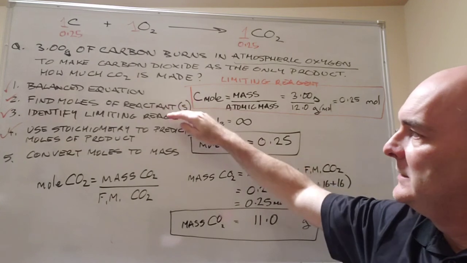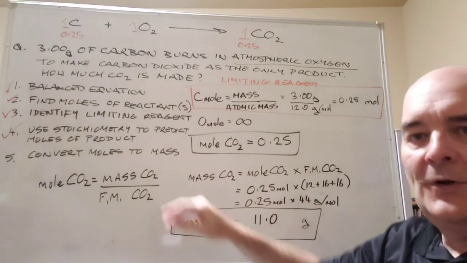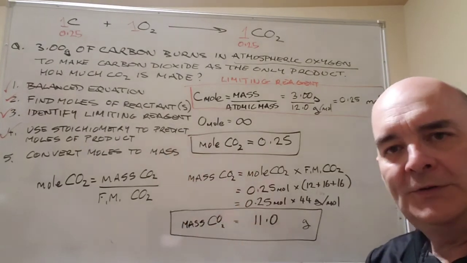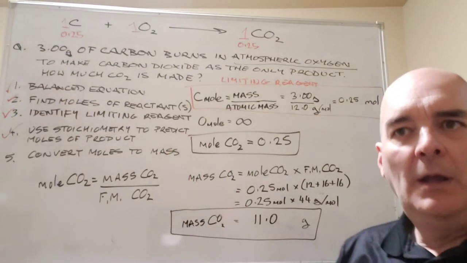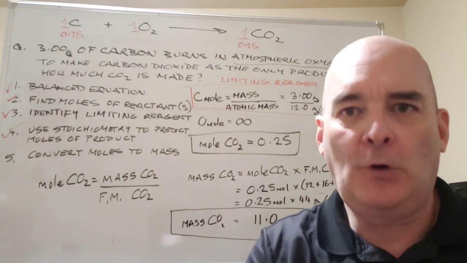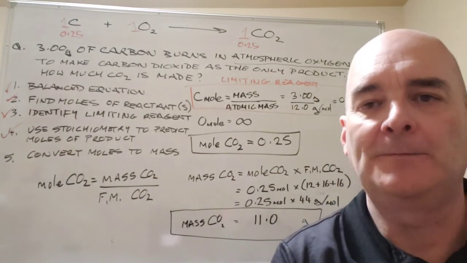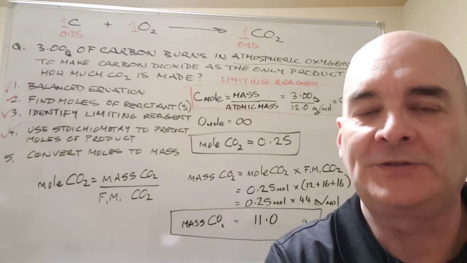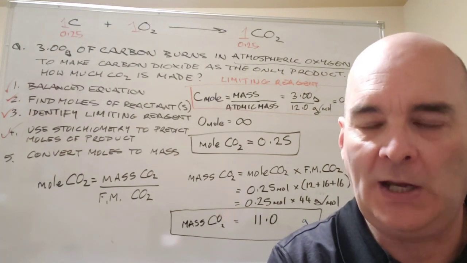Every single time you follow the same process, you start with a balanced equation, you find the moles of the reactants, you carry forward in your calculation only the moles that are in the smallest quantity. That's the limiting reagent.